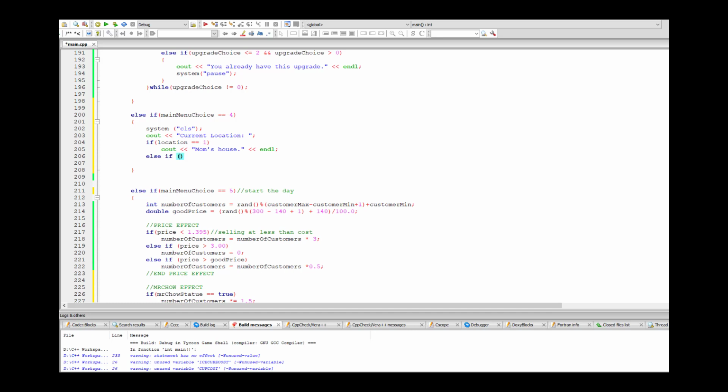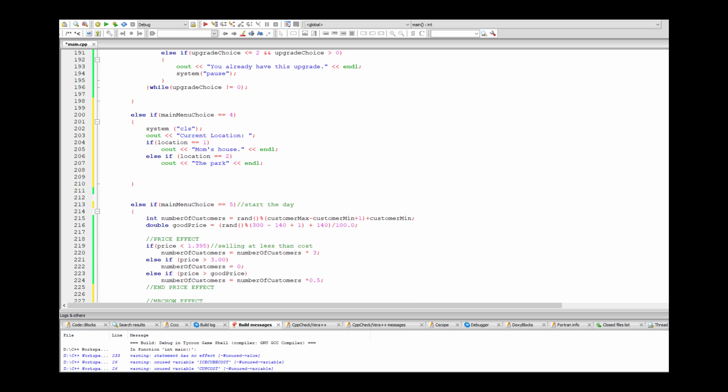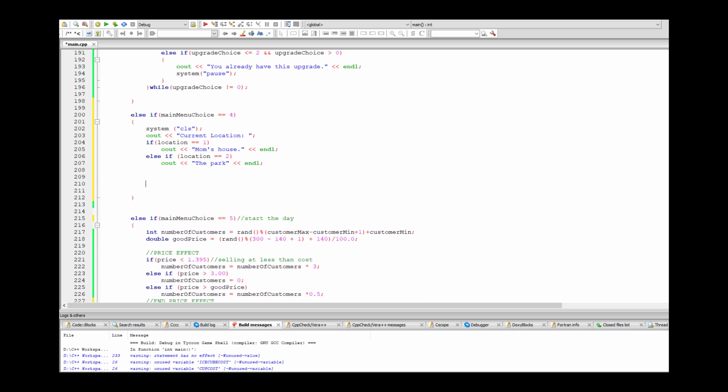Else if location is equal to 2, then cout, let's say you go to the park. So we can go to mom's house or the park.